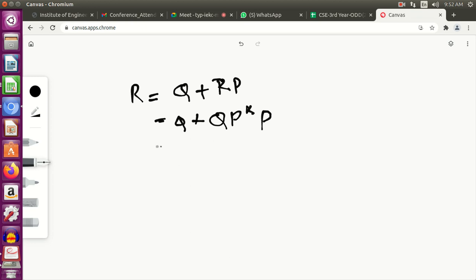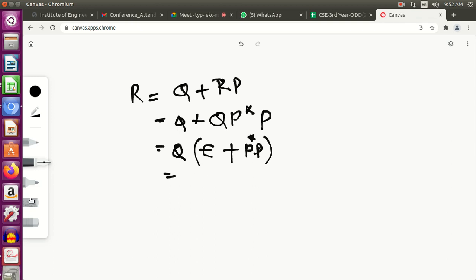Next, I can take Q common, and this would give me epsilon plus P star P. Now what is epsilon plus P star P?